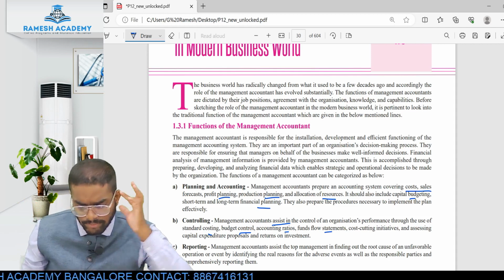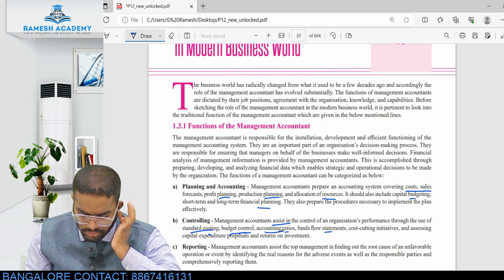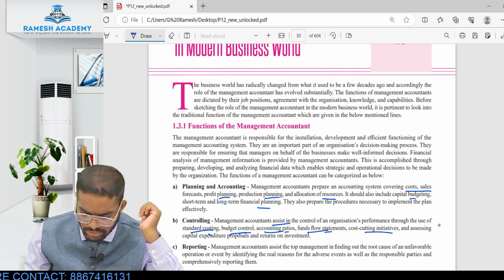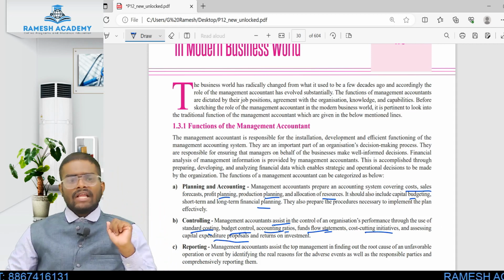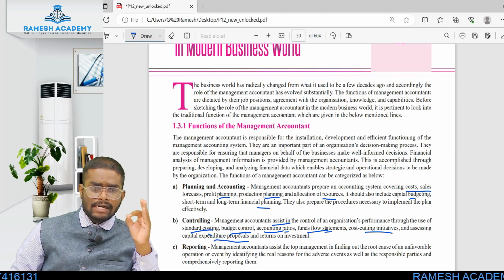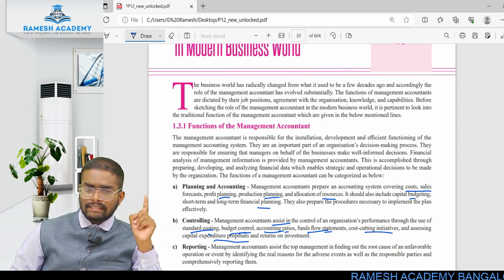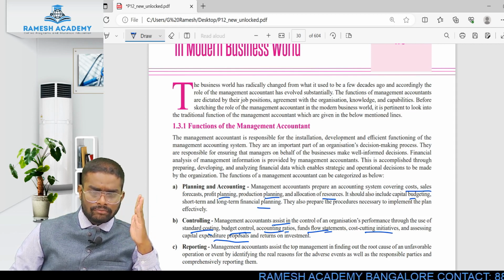For that, he'll be using tools like standard costing, budget control, accounting ratio, fund flow statements, cost cutting initiatives, and assessing capital expenditure proposals. See, when we are making a capital investment proposal, we have to be very sure, because it will be a heavy cost on the company. We have to see whether we can purchase the asset or rent it.